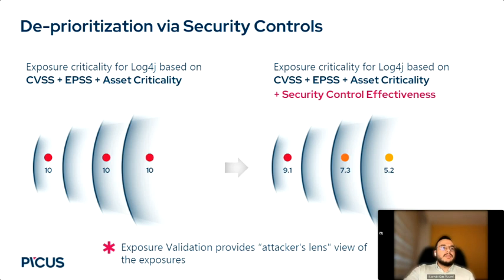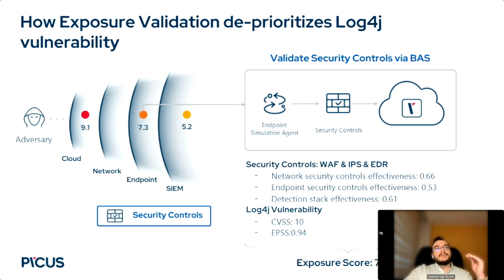If we continue with the Log4Shell example, let me show you the next one. As we said, adversaries are able to identify assets on the perimeter first. For example, if we have a public-facing VPN service that is vulnerable to a Log4Shell attack, it is 10 out of 10 because adversaries are able to access that asset first.